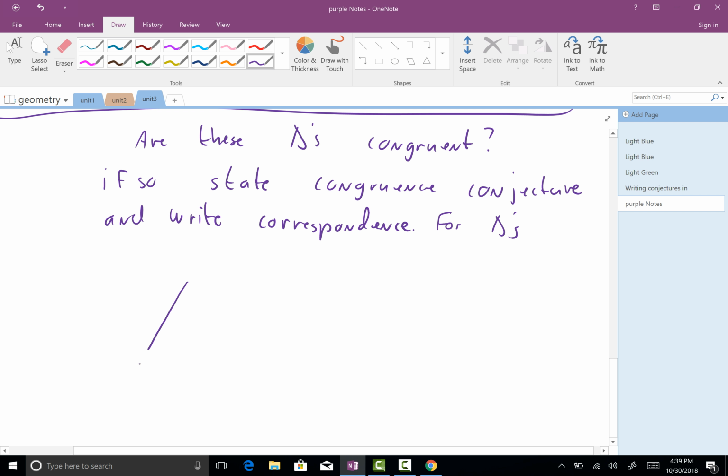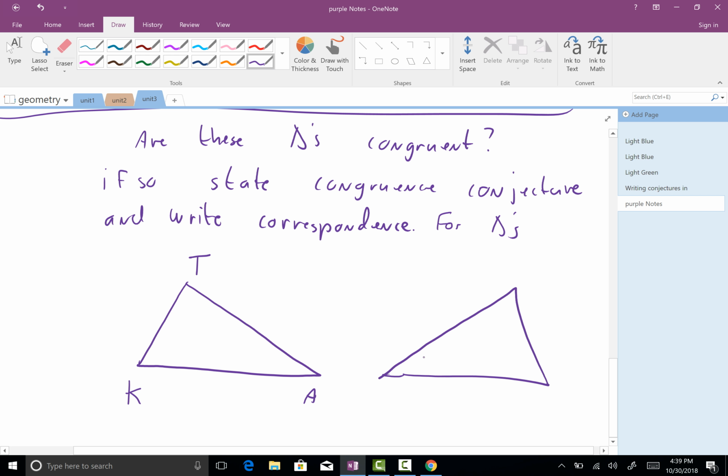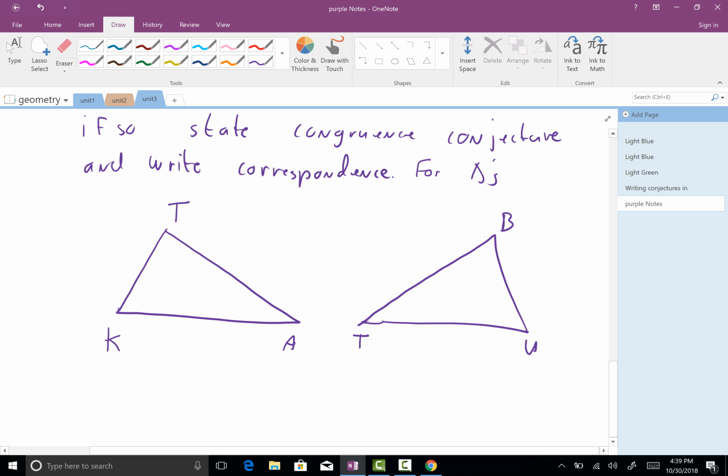We're going to have a triangle like this. I'm going to mark this side here, and that side there. I'm going to mark this angle K, this angle U, and those two sides right there.